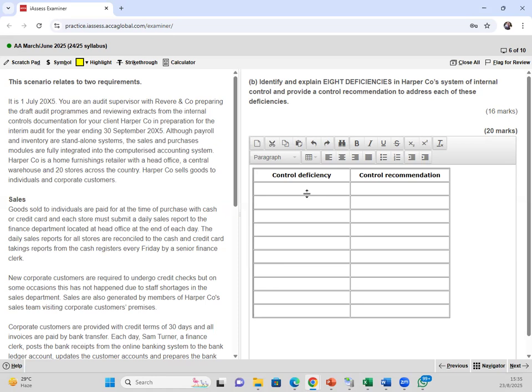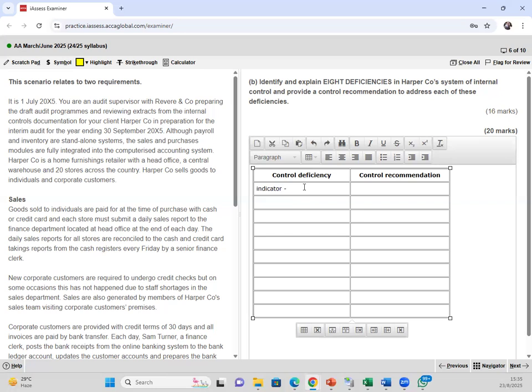So for the control deficiency, you have to highlight the indicator as well.